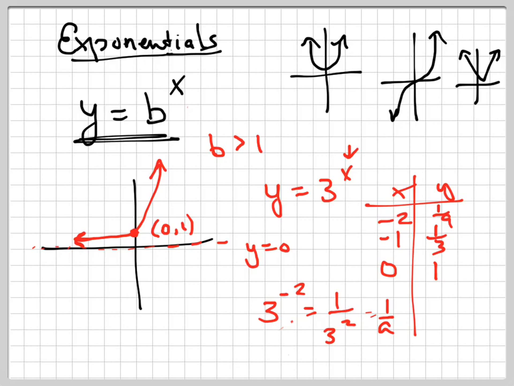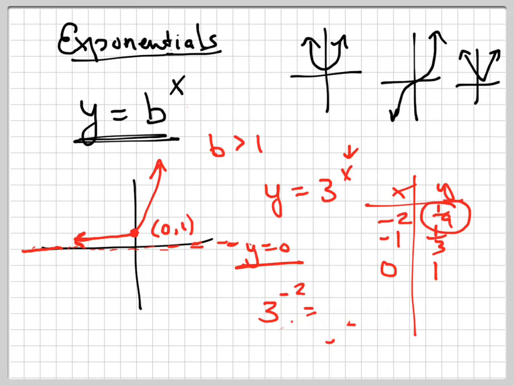As I get more and more negative, this value is going to get closer and closer to 0. It's going to be 1 over 27, 1 over 81, etc. It gets closer, but it's never going to touch 0. That's why y equals 0 is an asymptote. And what's going to happen to the right?